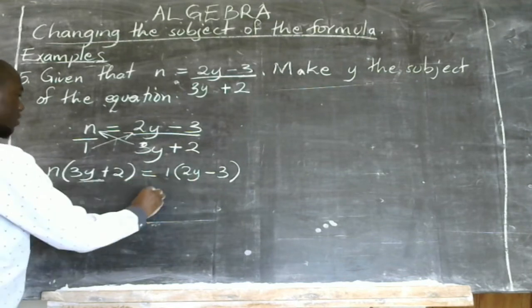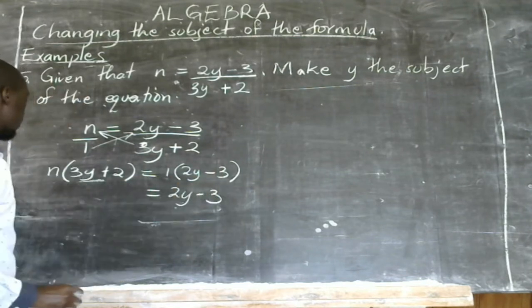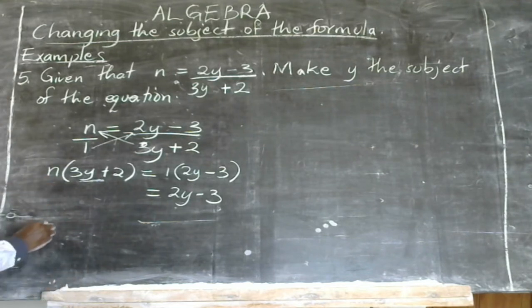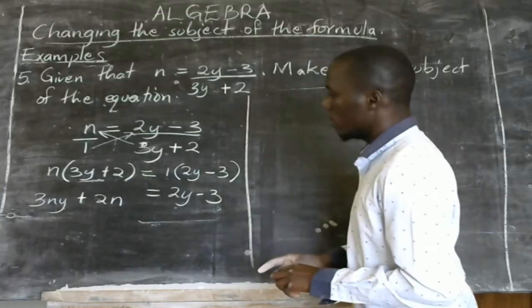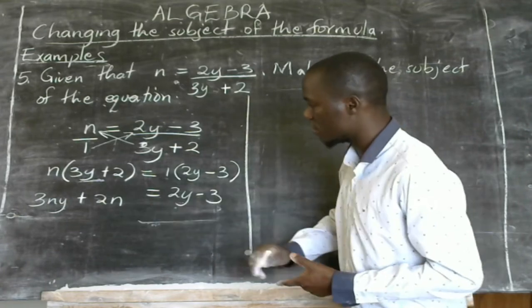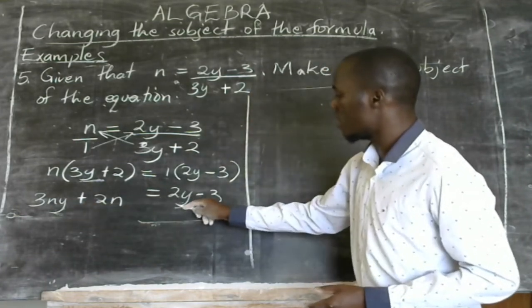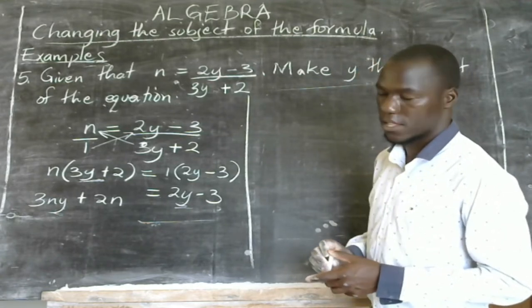1 times anything is that anything, so that side we shall be having y minus 3. Then this side, when you open the bracket, n is going to multiply whatever is inside there, so that is going to be 3ny then plus 2n. So now here I'm going to collect the like terms, those having y, because my aim is to make y the subject of the formula there.